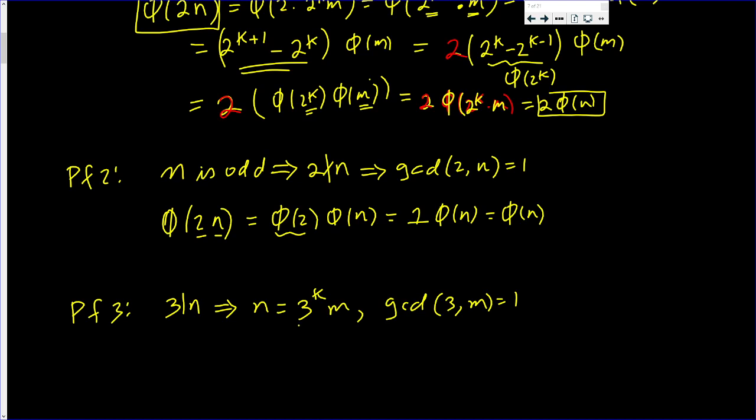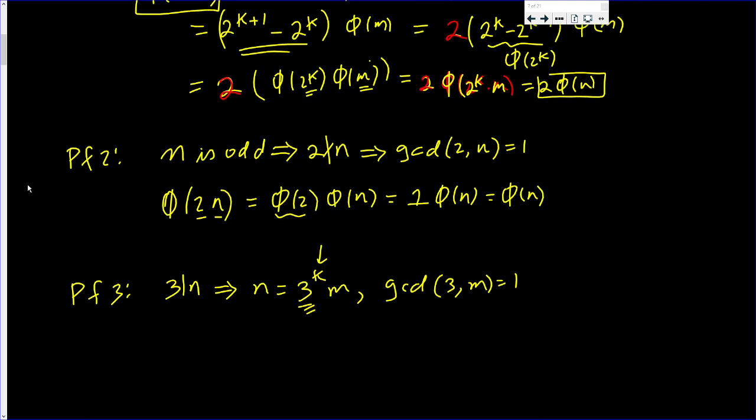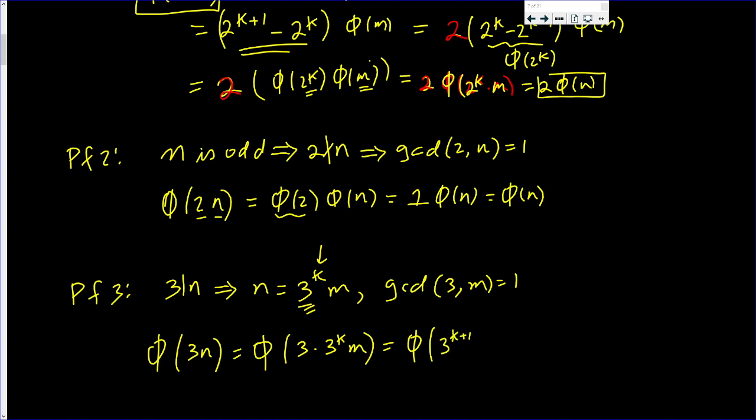If it did, I'd make that power larger. Okay, so now, what is phi of 3n? Well, phi of 3n is 3 times n, 3 to the k times m. That is, it's phi of 3 to the k plus 1 times phi of m.